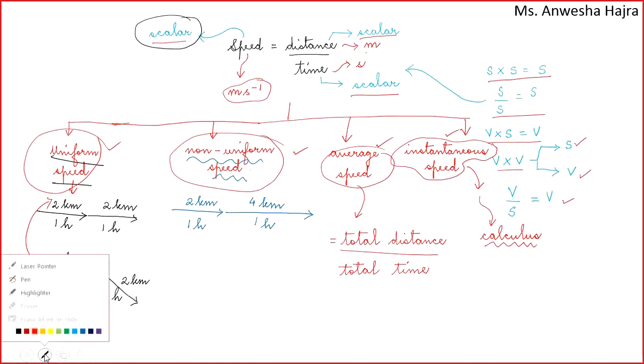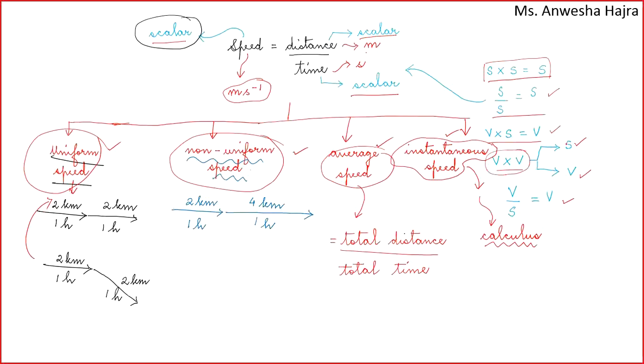One important point we have discussed: scalar into scalar gives us scalar, scalar by scalar is scalar, vector into scalar is vector, vector into vector may be a scalar, may be a vector, vector by scalar is a vector.